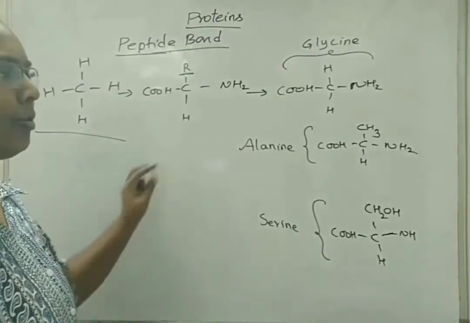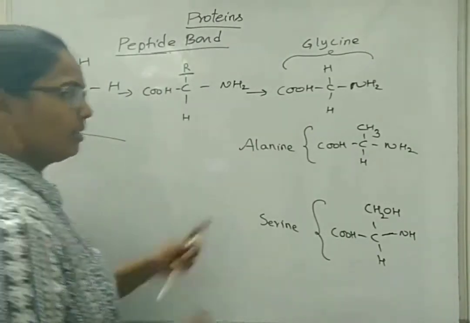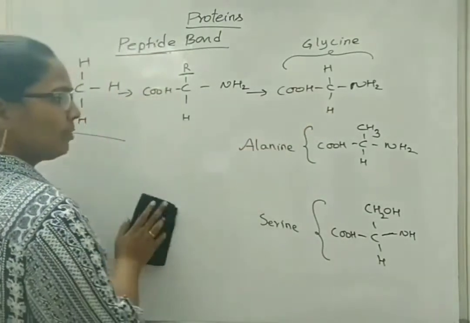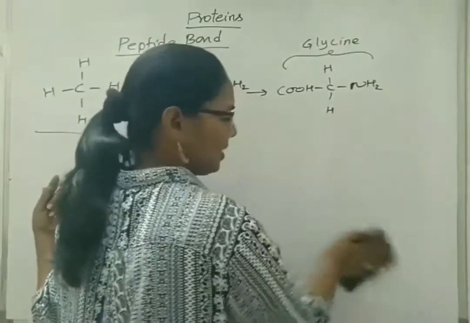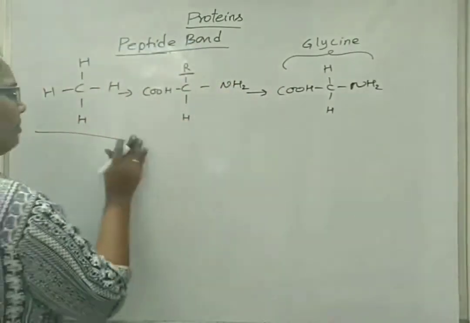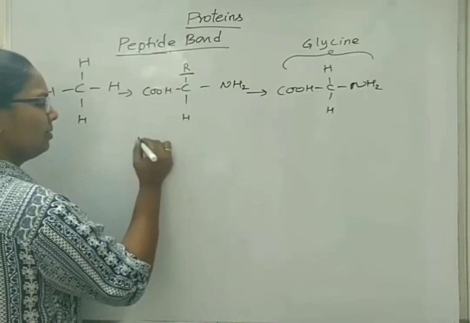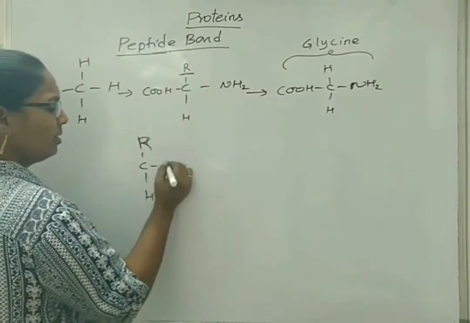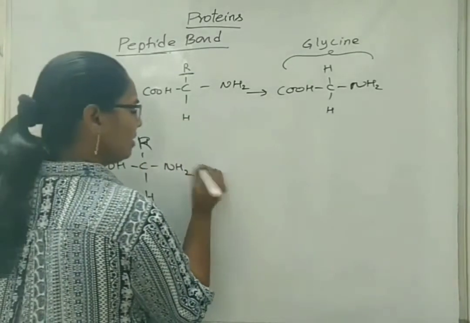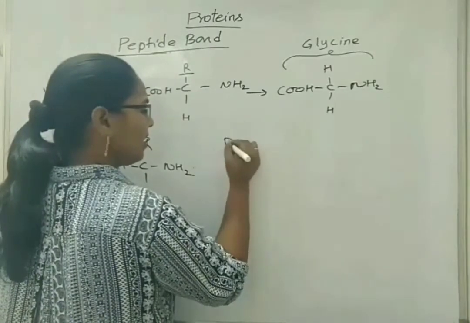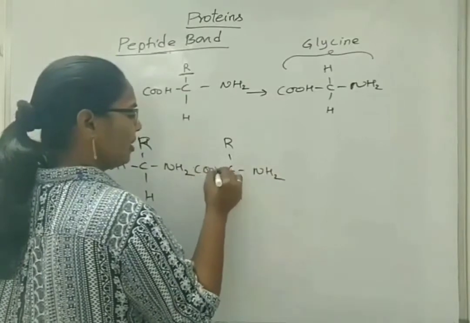Let's take any one of these amino acids and show how the peptide bond is formed. Since this is easy to understand, let's take two glycines and show the peptide bond appearance. You can simply write the R group like this. Now it has to bind with another R group containing amino acid, next COOH like this.